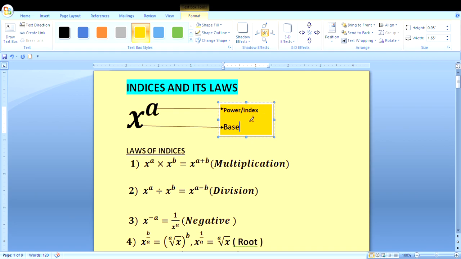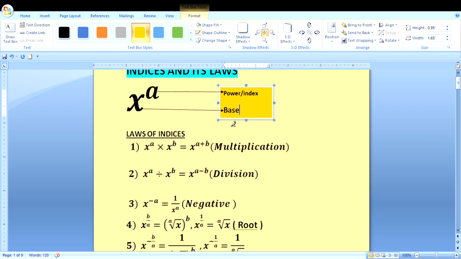If it is more than one, we refer to them as powers, indices, or exponents. This is very essential; indices is something that is indispensable in basic mathematics.